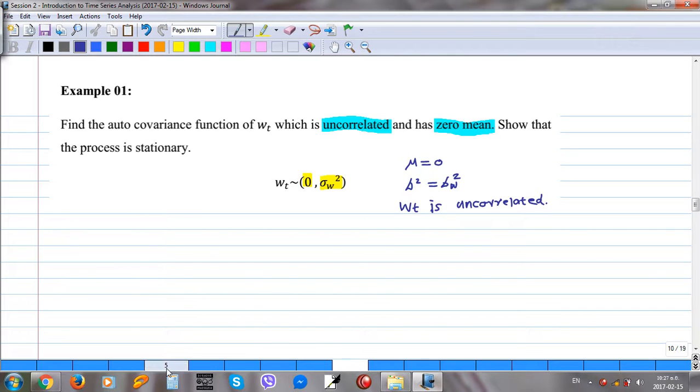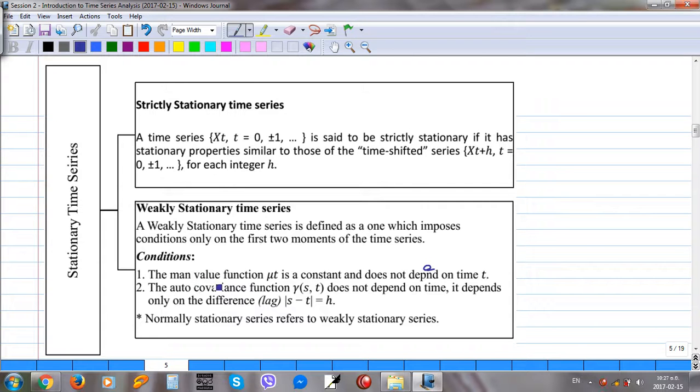So first, according to these conditions, you have to show that mu t is constant, independent of the time, that is, it does not depend on the time, right?